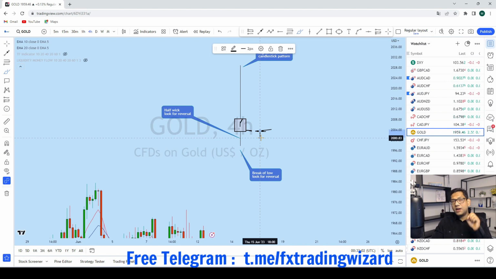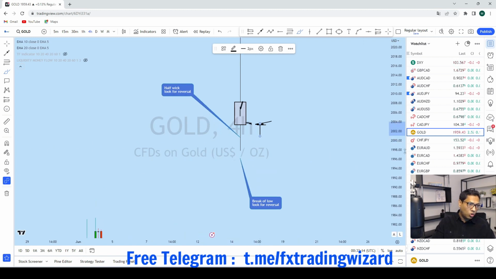Now if the market started to move down, there are two zones that the market will react to on the lower time frame. Keep in mind, these two zones are very important. The first zone is half of this lower wick.